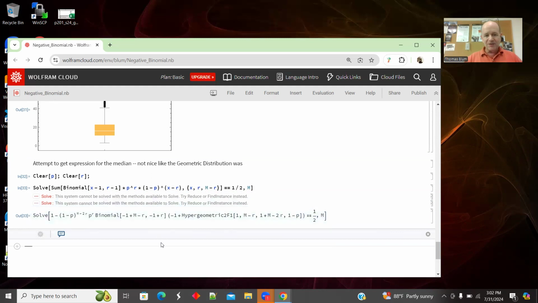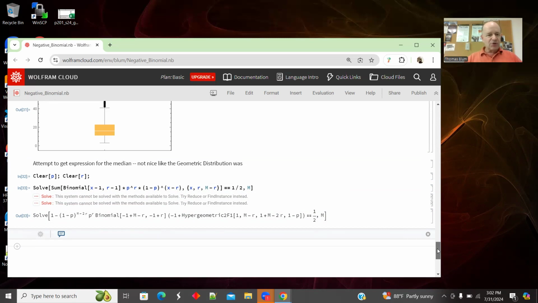The methods I solve by, no. So I just wanted to give it a whirl to see if it could do it. It's not giving me anything nice like it did for geometric, but geometric is particularly simple.